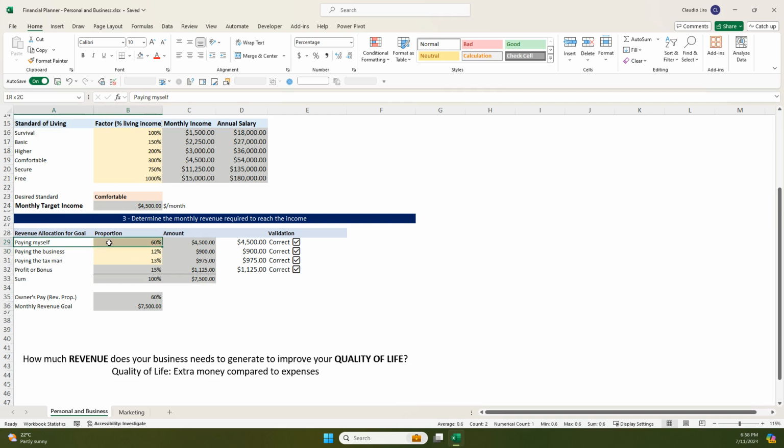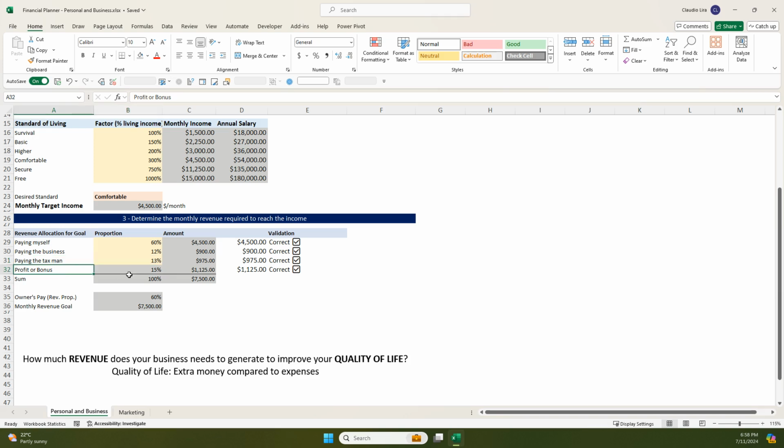So let's say that out of any revenue your business is making, 60% of the revenue will be used to pay yourself. Then 12% will be to pay the business, to make investments. Then 30% is the taxes. In this case, I'm in Ontario, Canada, so paying taxes is 13% here.